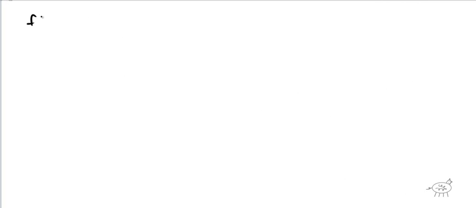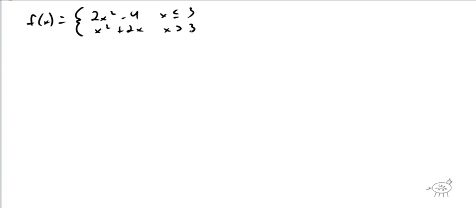Okay, so f of x is equal to, same directions, is there a tangent at x equals a? So 2x squared minus 4 and x squared plus 2x. And this is when x is less than or equal to 3, and this is x is greater than 3. So my critical point I'm checking here is x equals 3, which is very obvious because there's the 3. So the first thing I'm going to check for is continuity.